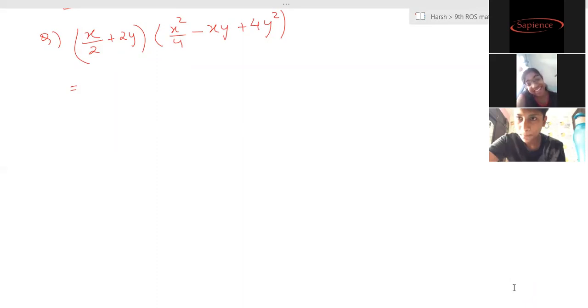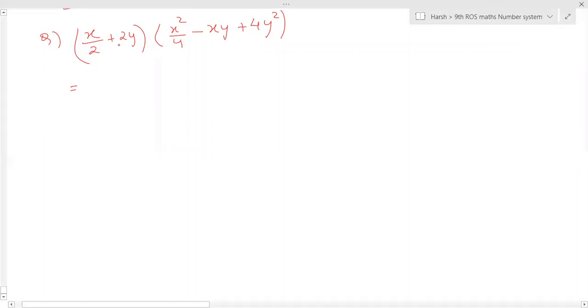Yes, sir. So in this question, guys, A cube plus B cube is A plus B into A square minus AB, not 2AB, plus B square. Is this equation satisfying it?